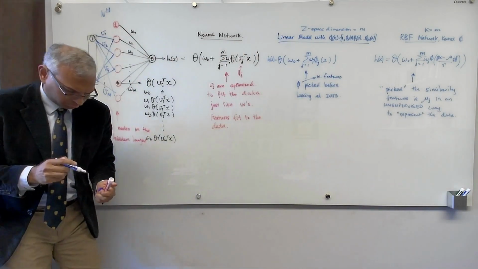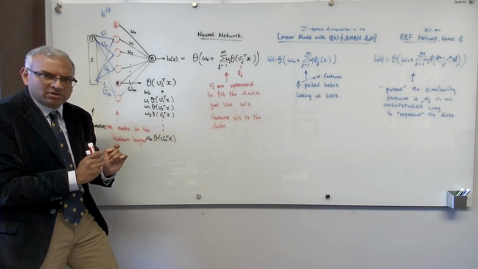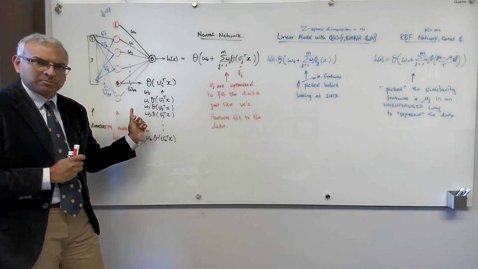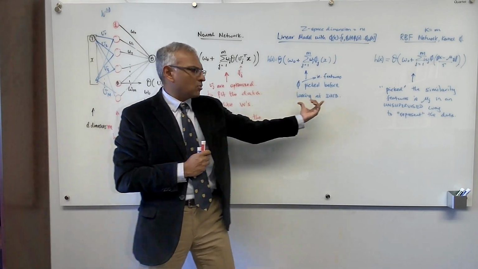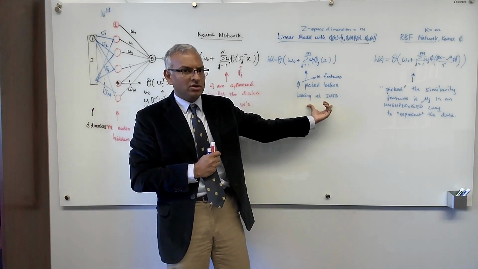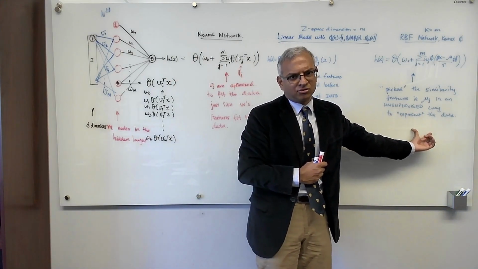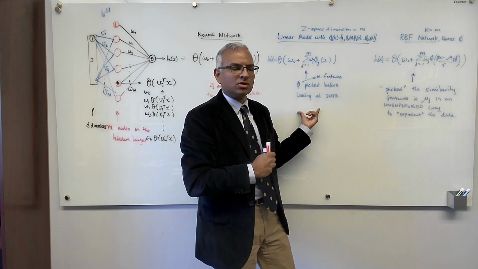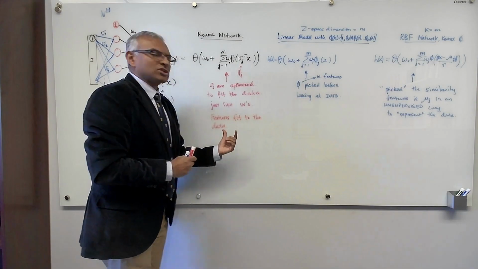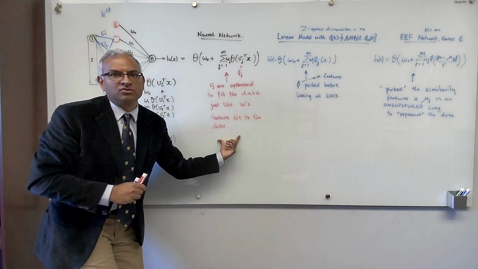Now, at a very high level, that is the sophistication that the neural network brings. It allows us to fine-tune features to the data. No fine-tuning of features to the data: you pick your nonlinear transform ahead of time. Mild fine-tuning of features to the data. So you can see, least amount of fine-tuning of features, a little bit more, and then the most. Humongous power. And that's what we saw in that picture when I showed you the overfitting to the digits.